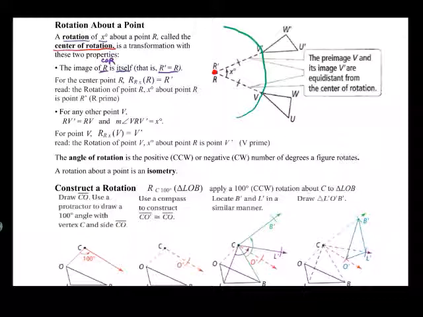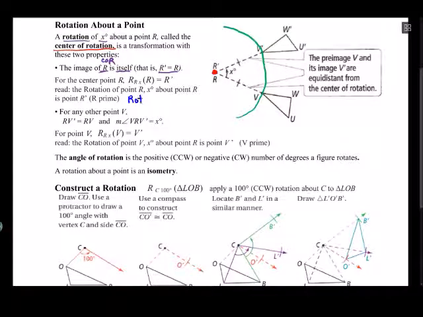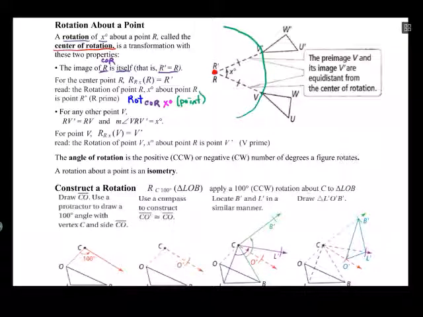Now our text uses some notation that we need to learn to read here. This big capital R says that we have a rotation, and the subscript R tells us our center of rotation travels x degrees, and in the parentheses is the point or figure that we are moving around the center of rotation, equals our image point.